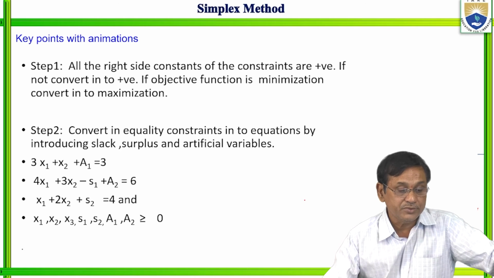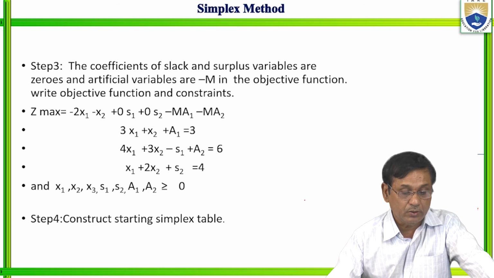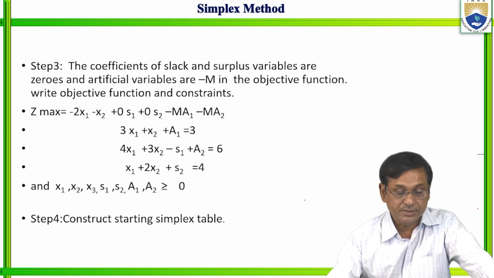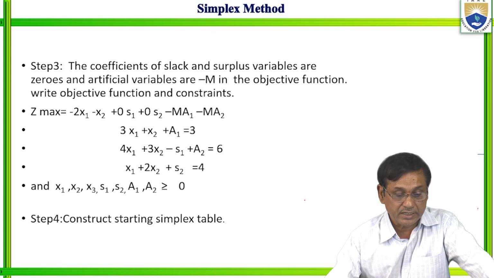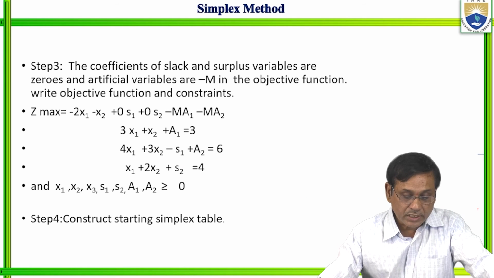Now write the objective function and the constraints. So z max is equal to minus 2x1 minus x2 plus 0 s1 plus 0 s2 minus m a1 minus m a2, subject to the constraints 3x1 plus x2 plus a1 is equal to 3, 4x1 plus 3x2 minus s1 plus a2 is equal to 6, x1 plus 2x2 plus s2 is equal to 4.